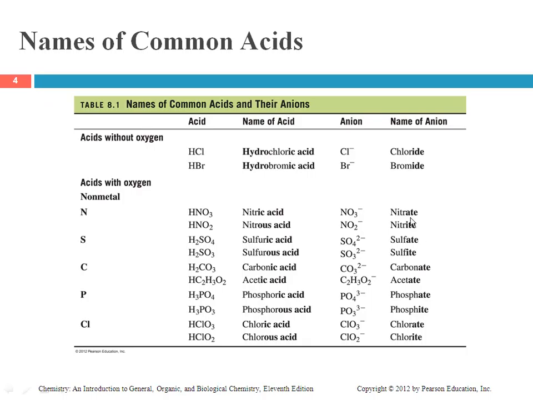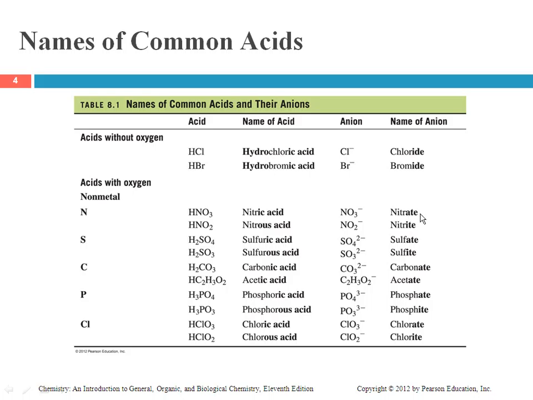It tells you over here the name of the anion. So these polyatomic ions you would be given in a chart. If we have just a hydrogen bonded to a nonmetal, we would say hydrochloric acid or hydrobromic acid. If we have a polyatomic ion, then we have to look at the suffix or the ending of our name for the anion.